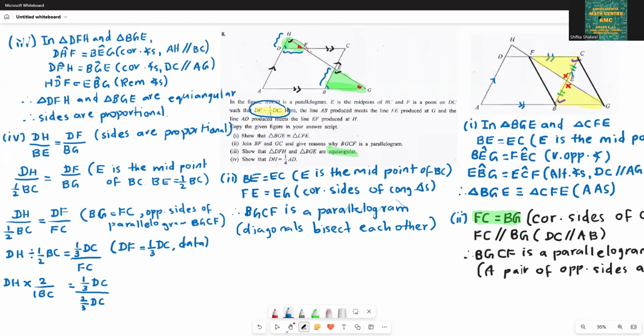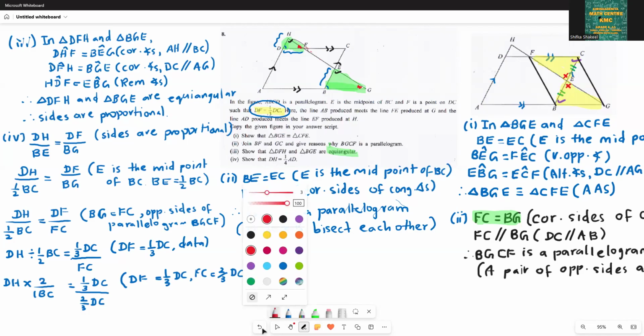Why? DF is 1 over 3 DC, so the remaining part FC is equal to 2 over 3 DC. That's why we wrote 2 over 3 DC.